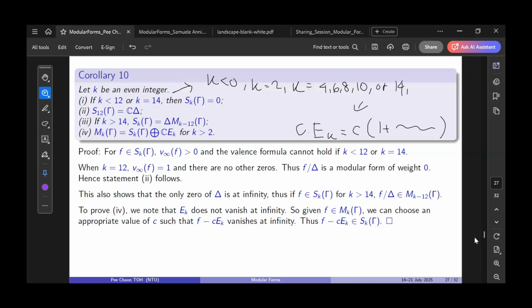Which means that a0 is always c, right? So the only way this cusp form can exist is when c is equal to 0. But if c is equal to 0, then we have 0 times the series, which is always 0, which means the cusp form of this weight is always 0.